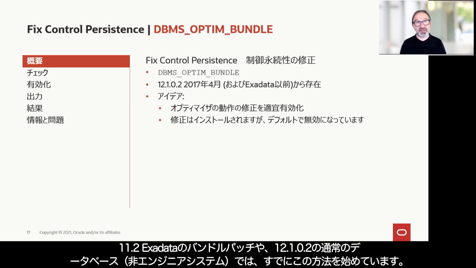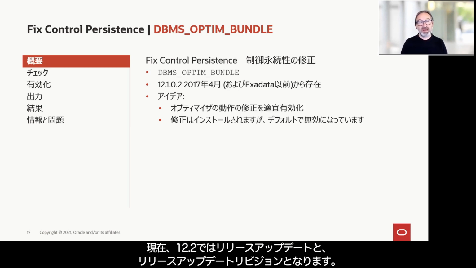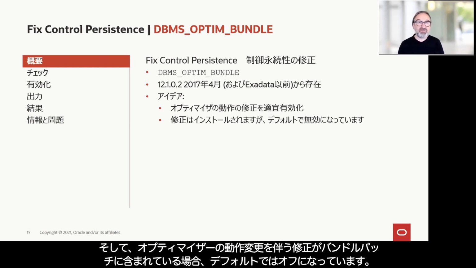We already started doing this for 11.2 Exadata bundle patches and for 12.1.0.2 with the normal database, the non-engineered systems. Now in 12.2, it's the release updates and the release update revisions. And when such behavior changing optimizer fixes are included in a bundle patch, then they are turned off by default.